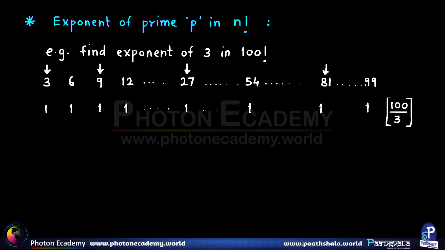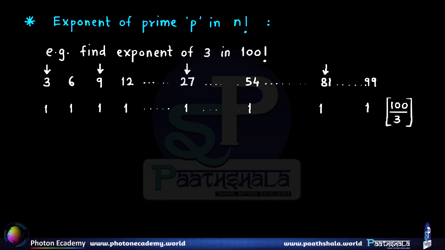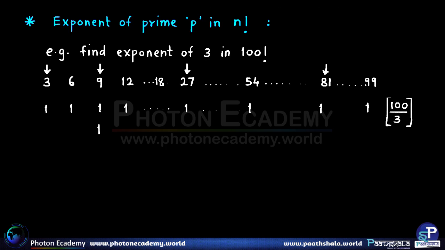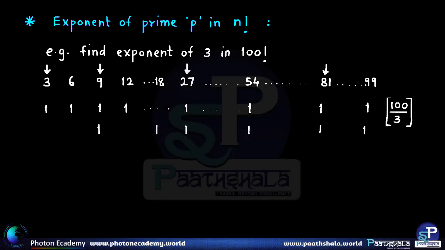Now if we consider the next power of 3, which is 9, in this number 3 is going to occur 2 times. So if we mark off all the multiples of 9, which is 9, the next is 18, then 27, and so on, what we will find is 3 is going to occur a second time in these numbers, because they are themselves multiples of 9.